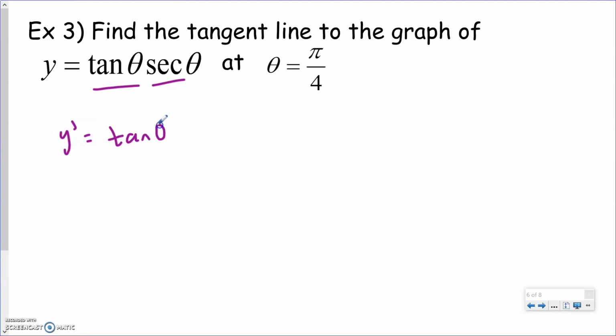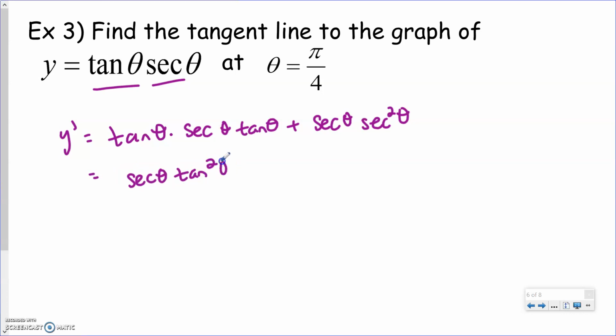So 1 times d2, which is secant of theta, tangent of theta, plus 2 times d1, which is secant squared. And you can simplify this if you would like. So secant of theta, tangent squared of theta, plus secant squared of theta.